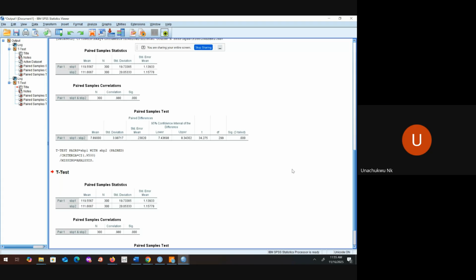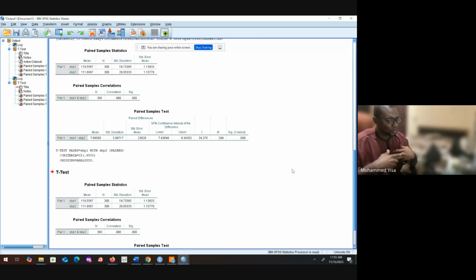Okay. Yes. So it means that whatever inferences you are making from this table is based on subtracting the mean of week 2 from the mean of week 1. So if you are getting a positive value, it means week 1 is greater than week 2.